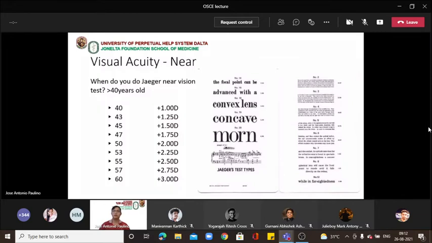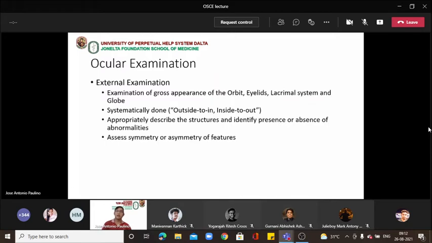So if there are none, the external examination is the next part of the ocular exam. When we do the external examination, we examine the gross appearance of the orbit, the eyelids, the lacrimal or tear system, and the globe itself or the eyeball. It should be systematically done from outside going to inside.